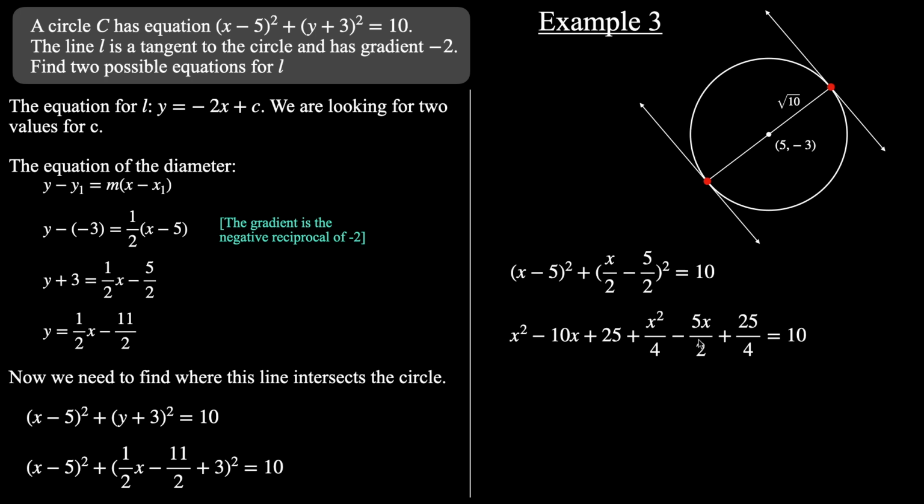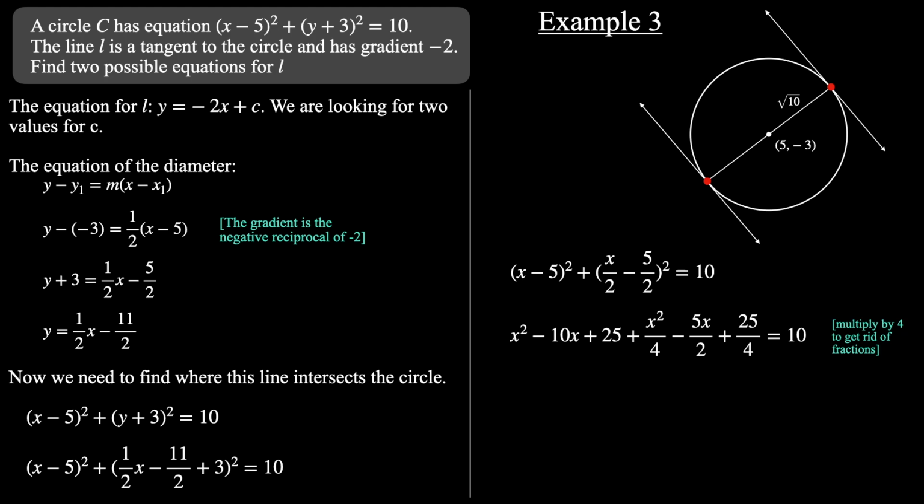So I've taken a couple of steps between these two equations. And then (−5/2)² is 25/4, equal to 10. Let's keep simplifying, and here, because I don't like working with fractions in equations, I'm going to multiply everything by 4 to get rid of those fractions. I think it makes it simpler.